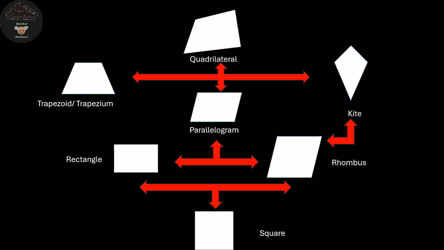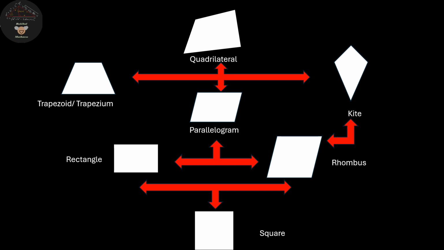Now a square, which is the most special of them all, is a rhombus, a rectangle, a kite, and a parallelogram. And most importantly, a quadrilateral. It's a rectangle because opposite sides are equal and all angles are 90 degrees. It's a rhombus because all sides are equal and opposite angles are equal.